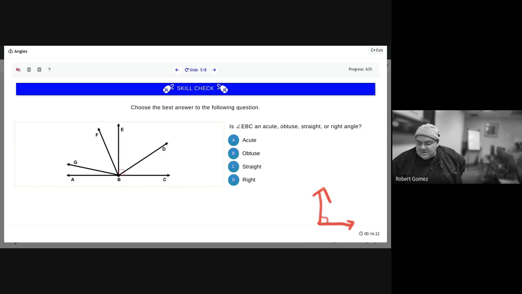Right angles are special, okay? So remember how we said acute angles are less than 90 degrees. Obtuse would be greater than 90 degrees. Well, this right here that looks like an L is actually 90 degrees, and this is known as a right angle, okay?